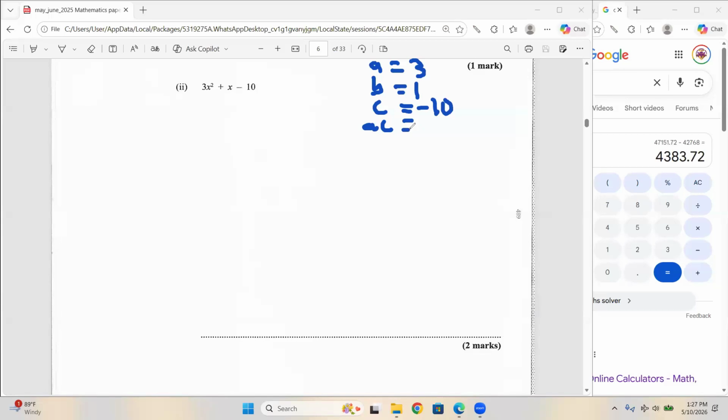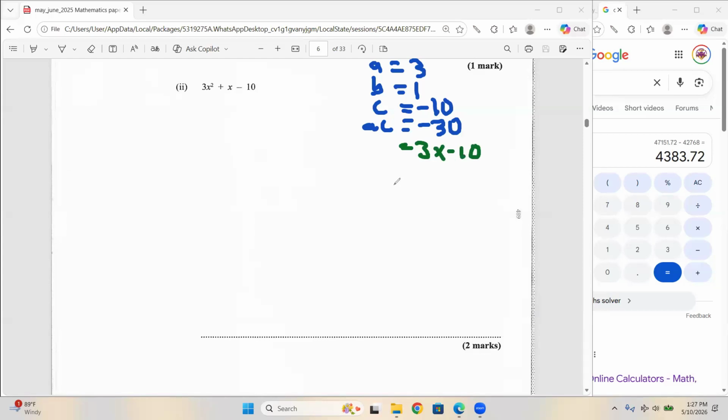AC equals minus 30. Is it a negative 30, meaning A multiplied by C, 3 by negative 10? I think you know what you're saying, but I'm not sure if you just told me the wrong thing in error or something.